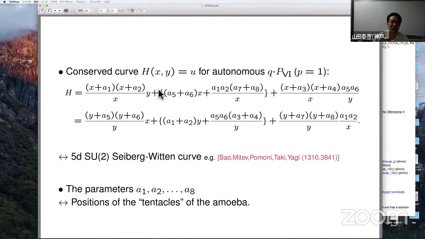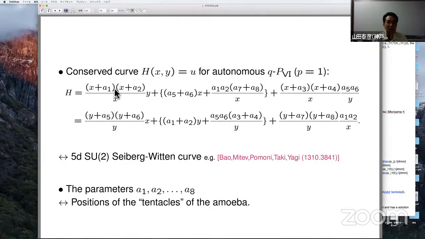And the explicit form of the conserved quantity is given like this. So here again, we have the factorized structure on the top and the bottom terms. And this is a form of the Hamiltonian correcting the term in variable y's, and this is the form correcting the variable x.